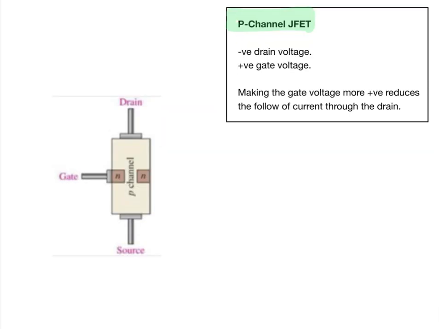For the P channel, this voltage here, we'll do a similar diagram, is going to be negative, and this is going to be positive. Notice how the main channel here is P, and these two regions are really more kind of like this shape, but that's okay.